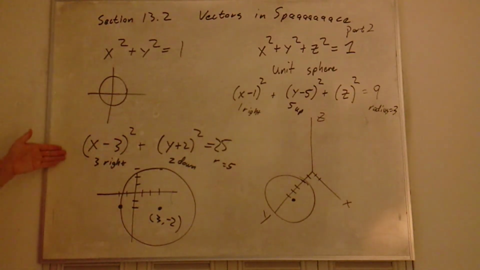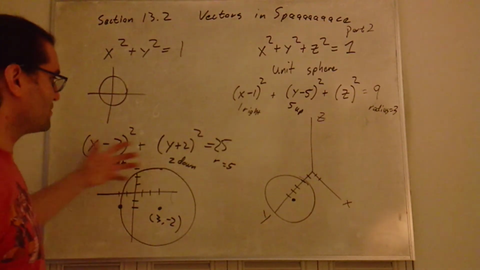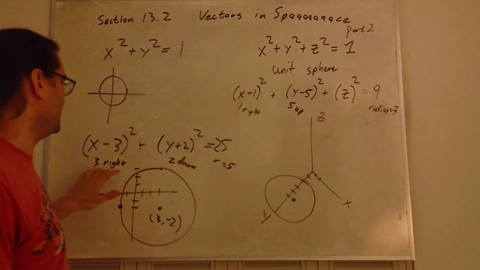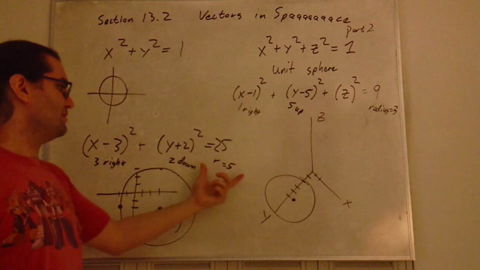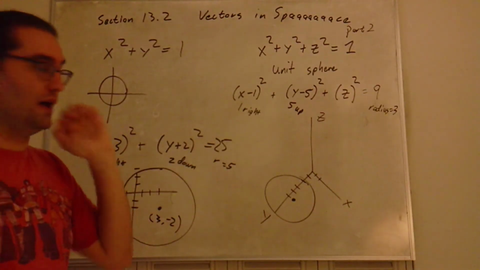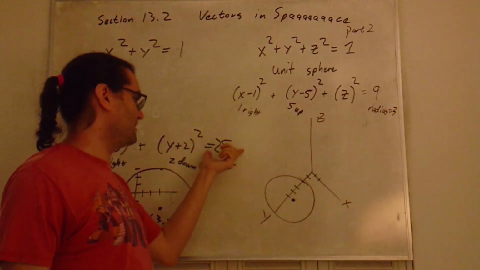Works exactly the same as it does in 2 space. You can move the center around however you want by subtracting those numbers from inside the squaredness of each variable. You can set the radius of it whatever you want by making this the radius squared.